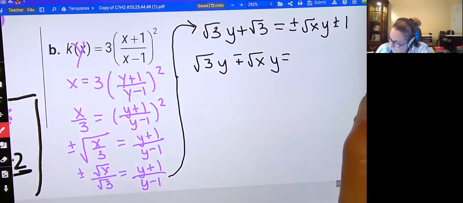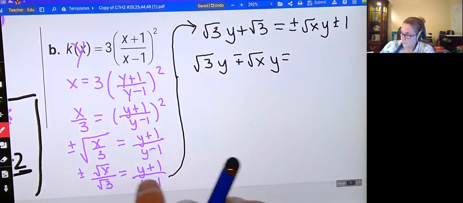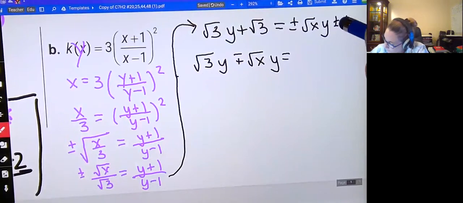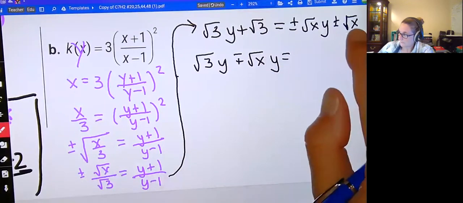And over here, oh, and I forgot, sorry. I forgot that I need to multiply the root x times 1, so I apologize. This is a root x. So again, this was root x times y, and then root x times 1.